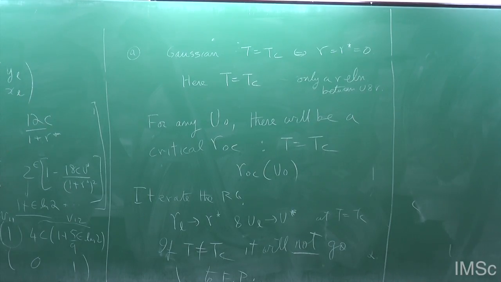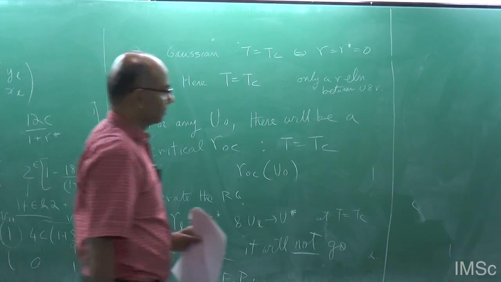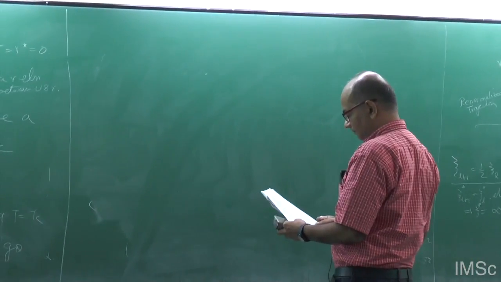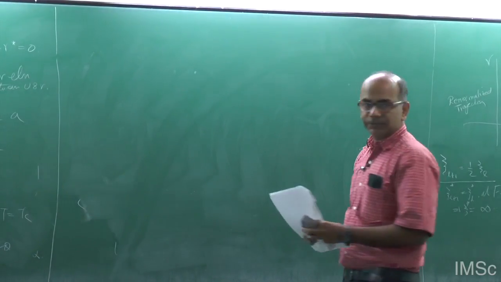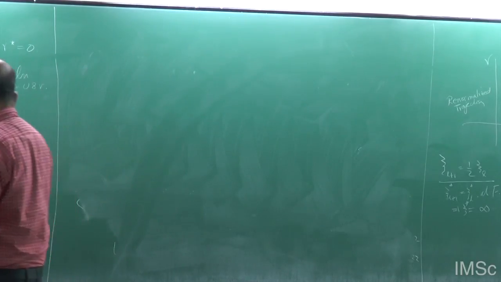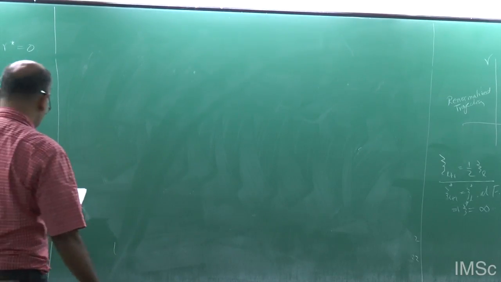Whether the series converges to that, I'm not sure. Actually, I have to check that, but I think that's true. Yeah. Okay, so as I said, if t is not equal to Tc, it will not go to the fixed point.